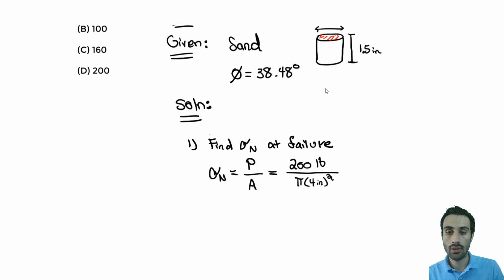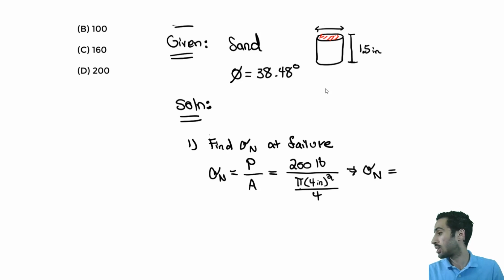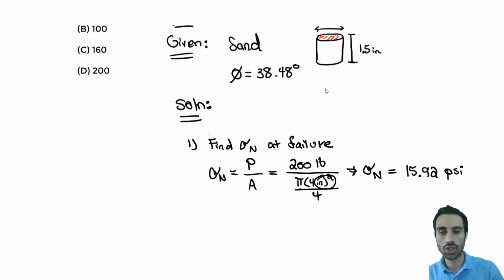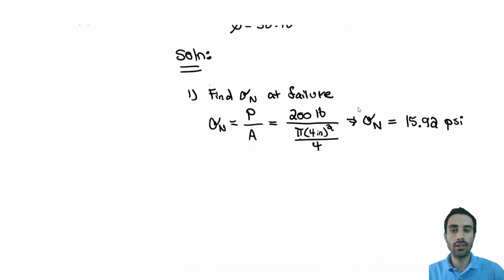If you solve for sigma n, I got a value of about 15.92 psi. psi simply means pounds per square inch. That looks right, so let's keep going.